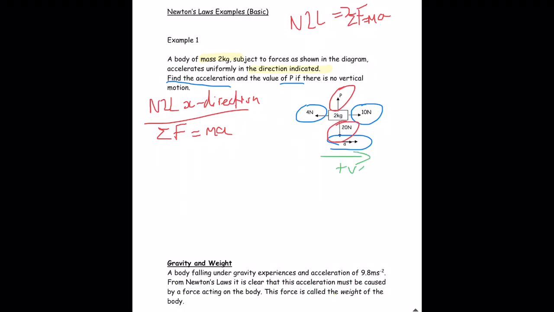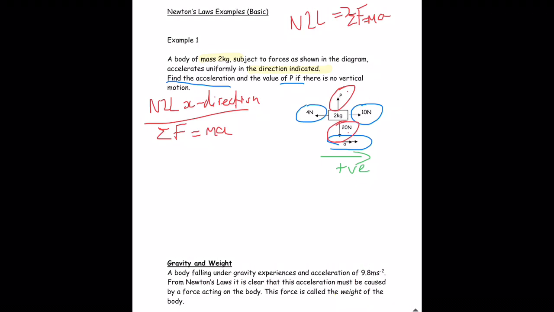So in this case, I would take to the right as positive. And therefore anything acting to the right would be positive, anything acting to the left would be negative. Well, in the x direction, those red forces here, that P and that 20 newtons, we don't really care about because they're not moving this thing from side to side. It's only the 10 and the 4.